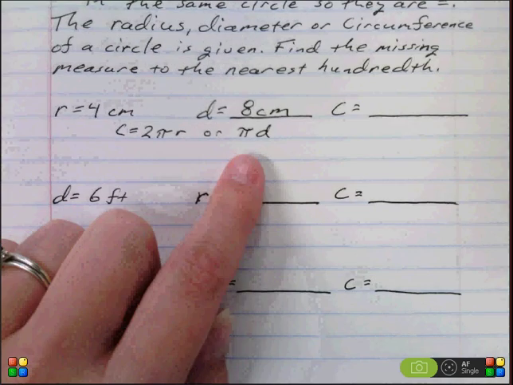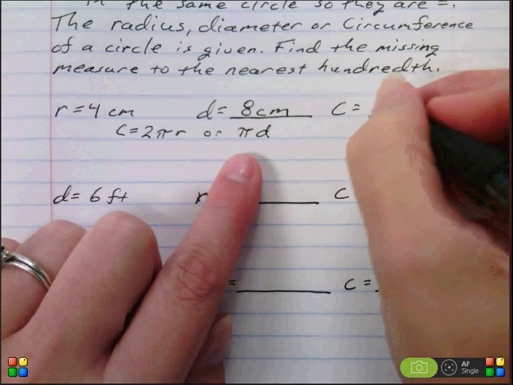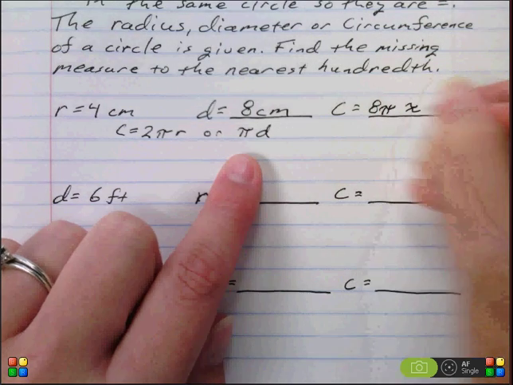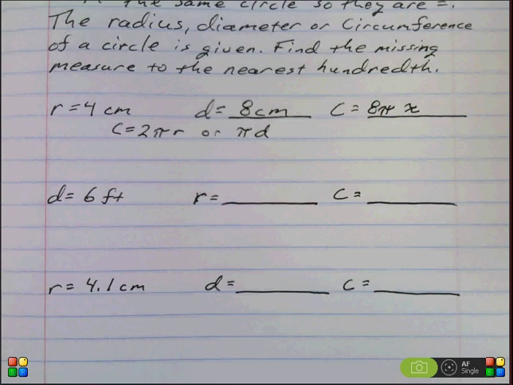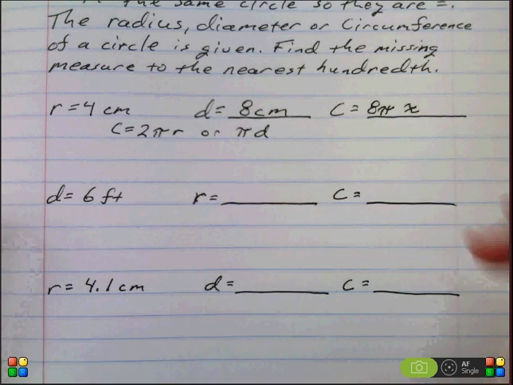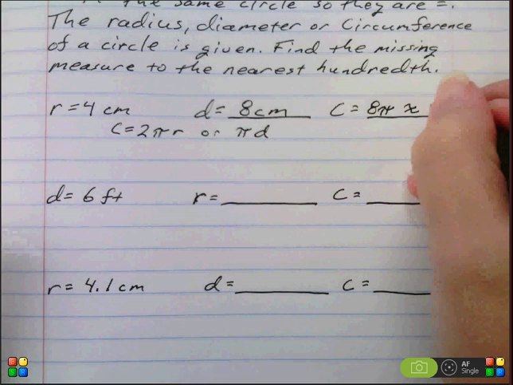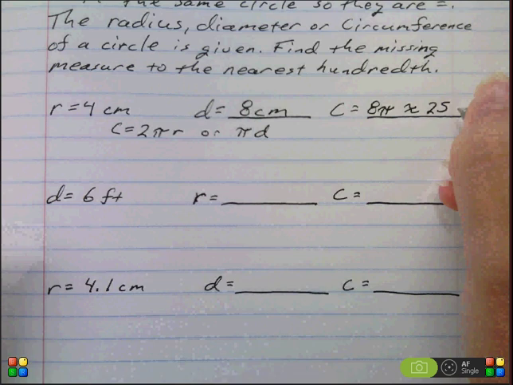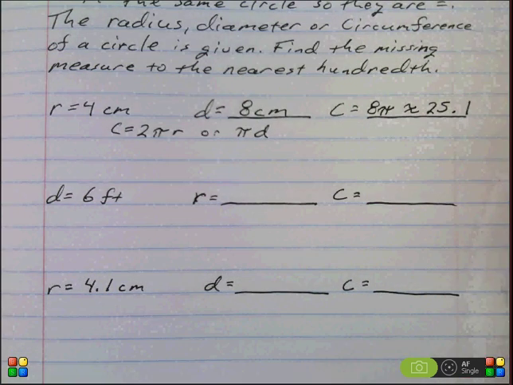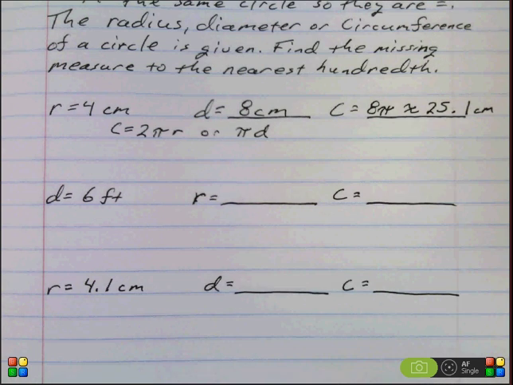Well, I have diameter, so I'm going to use this one. So my circumference is 8 pi, and then I'm going to plug it into my calculator to figure out what that decimal would be. We get approximately 25.1 centimeters, to one decimal place.